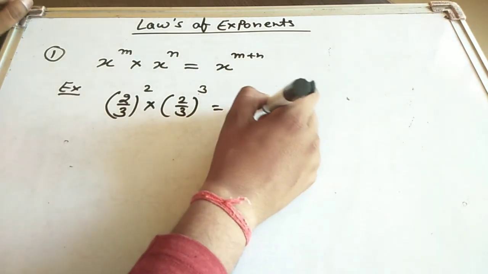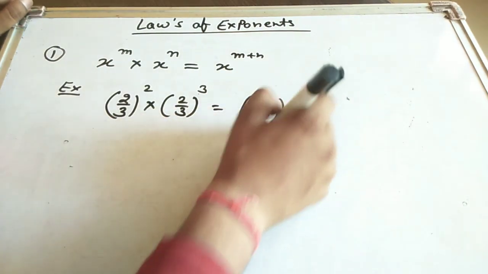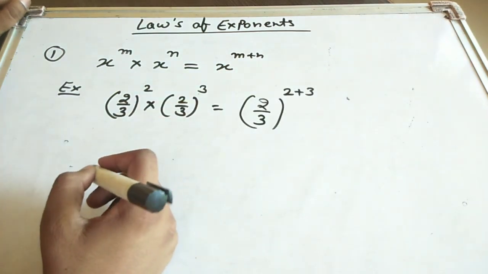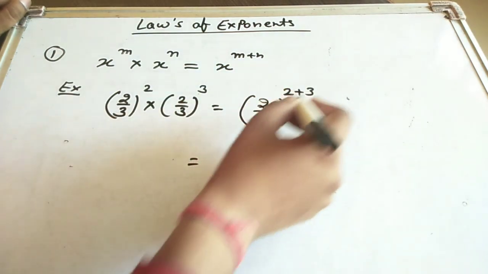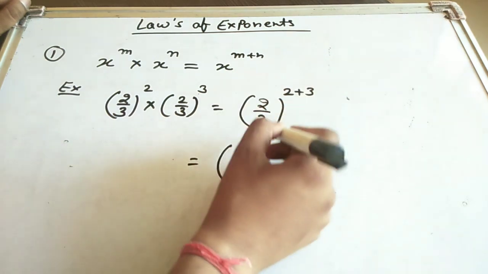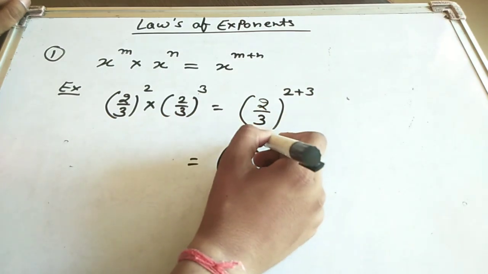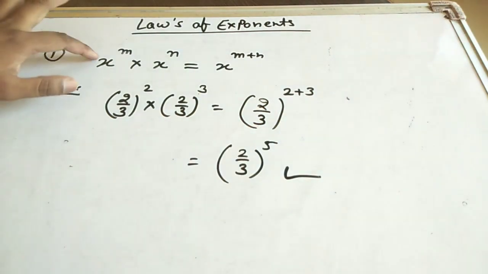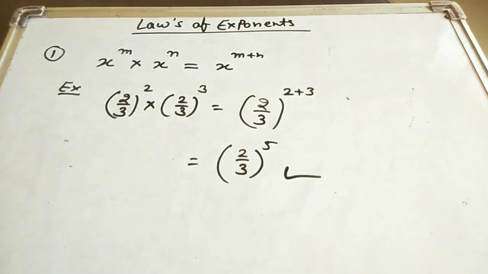So we get 2 by 3 to the power 2 plus 3. Next, add these powers, 3 plus 2 is 5. It is the first law of exponent.